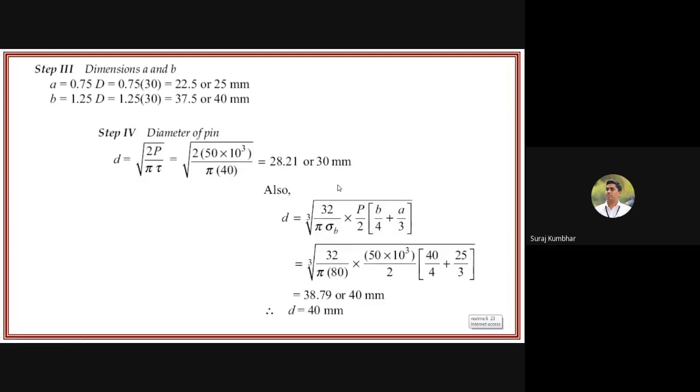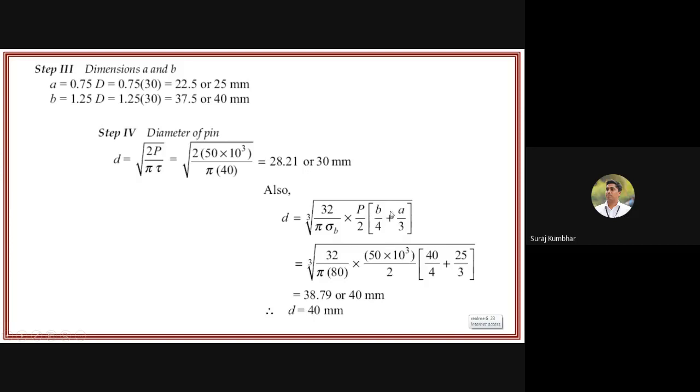Now based on the bending consideration, the formula we have already seen is the cube root of 32 upon pi into sigma b, into P by 2 into (b by 4 plus a by 3). Here bending stress is considered not as a compressive stress, so directly we will take it as 80.